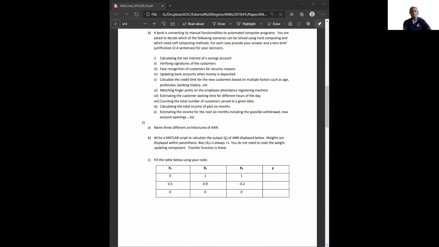Feed forward, yes, that's an easy one, the one we had been learning. What about two more? Recurrent networks, yes. Radial basis, okay.